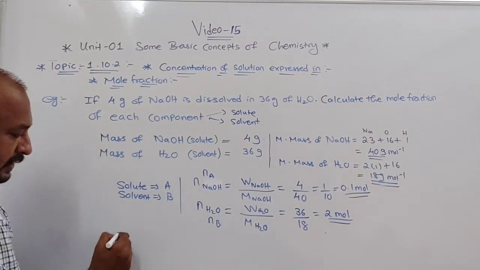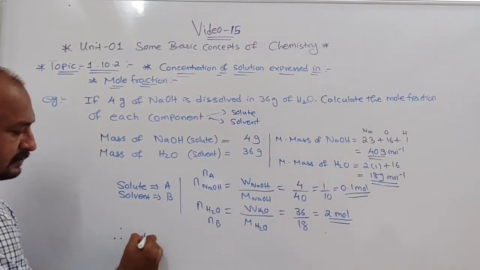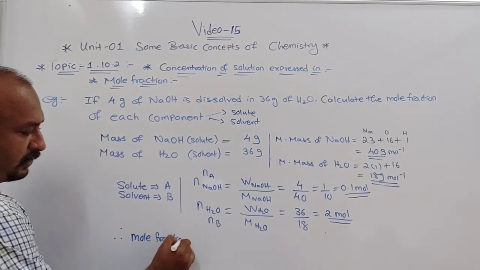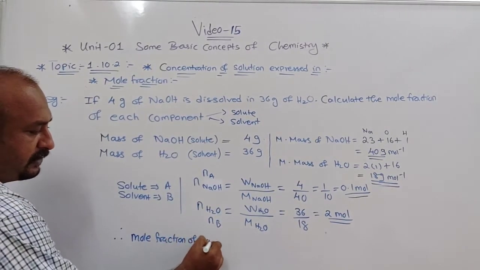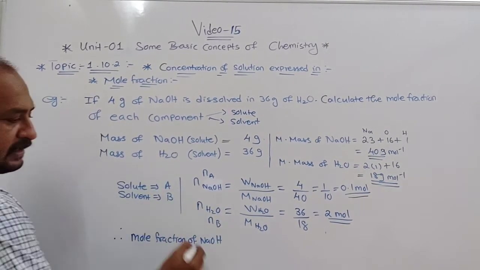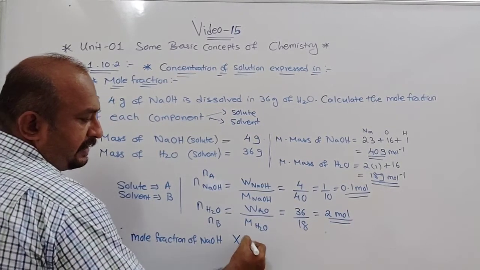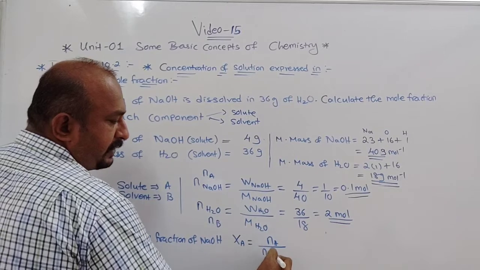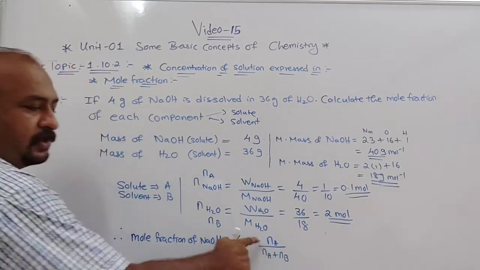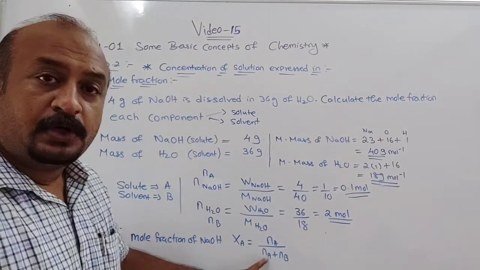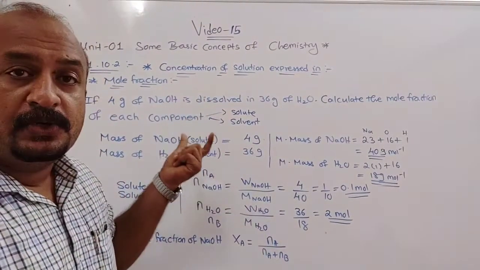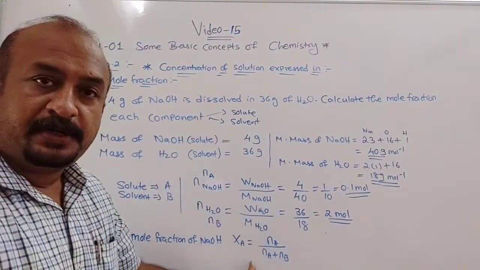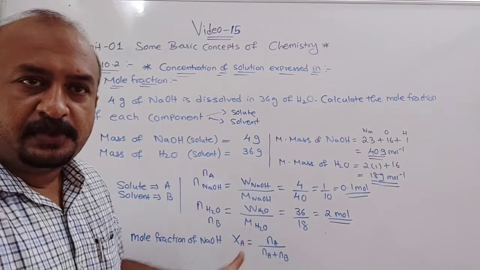Therefore, the mole fraction of NaOH, where we have taken solute as A, is Xa equal to Na upon Na plus Nb. That is moles of solute upon moles of solute plus solvent, because it is a solution, as it was in the definition. In the denominator is the total number of moles of solute and solvent.